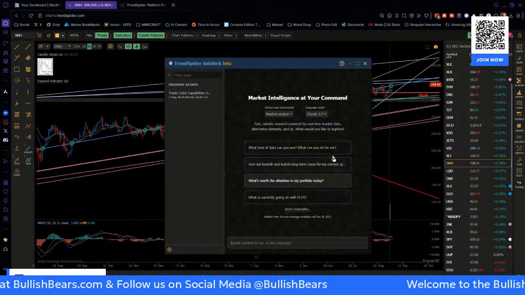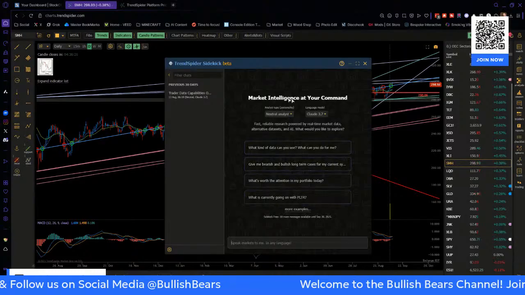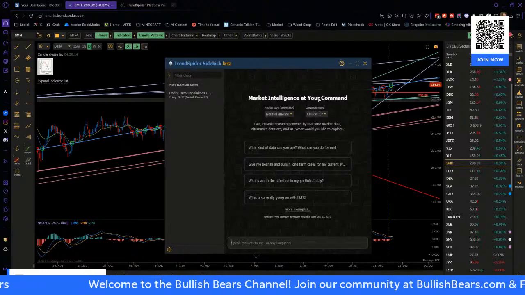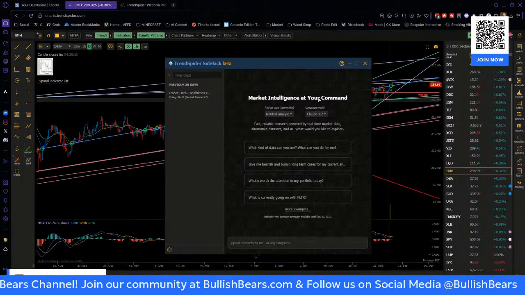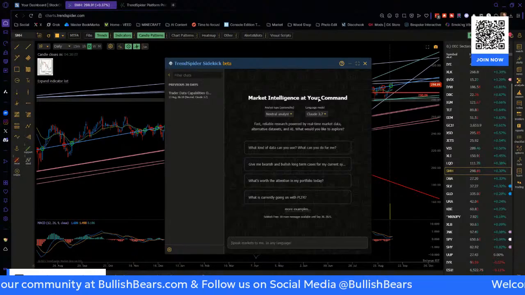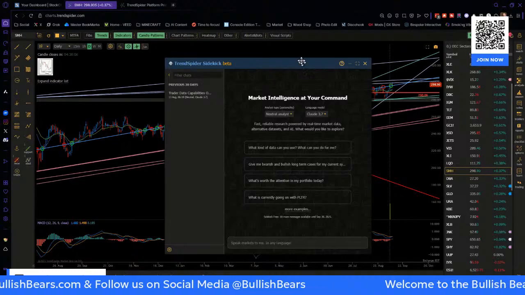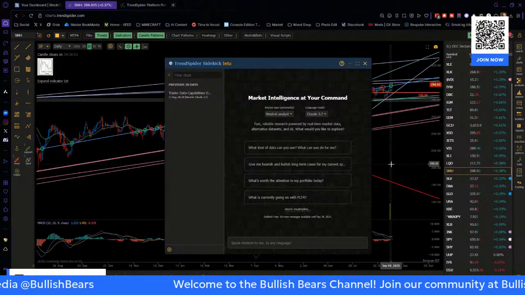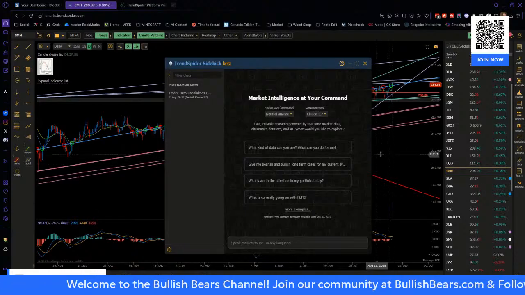The Sidekick helps you analyze the charts you're looking at, which is different than going to something like ChatGPT, where you don't know where it's getting its answers from. This is looking at the chart you have, and then it's giving you answers from that chart. And I like that.